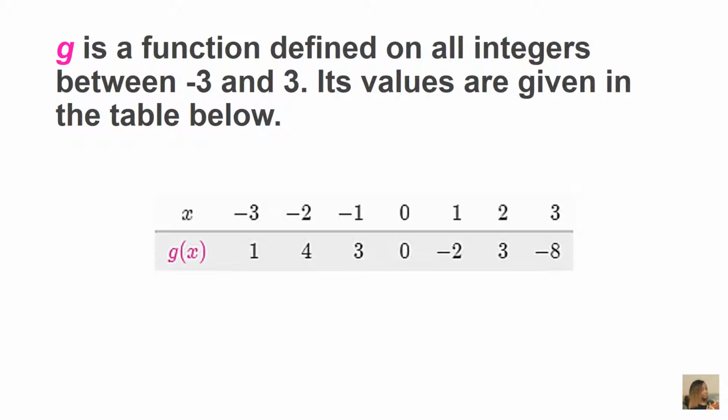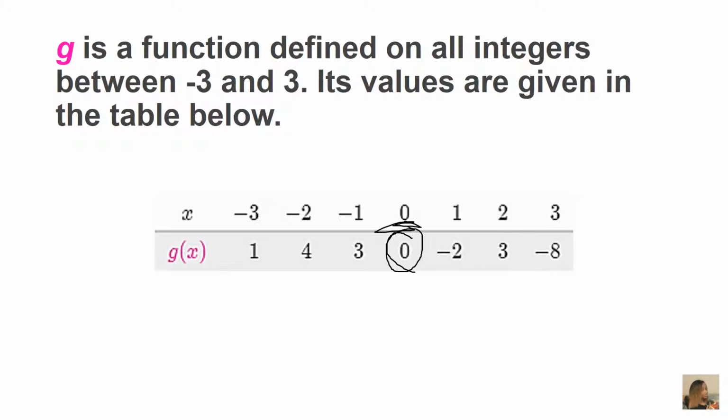Before we continue examining g of x, in order for a function to have an x-intercept, the value that you get when you input x into the function has to be equivalent to 0. So g of 0 has a value of 0. When x is equal to 0, g of 0 is also equivalent to 0. Okay, so g is not the answer, and h of x is not the answer.